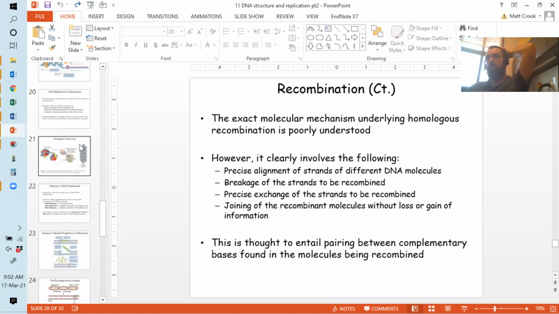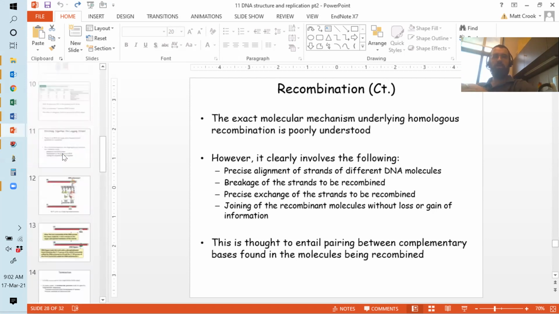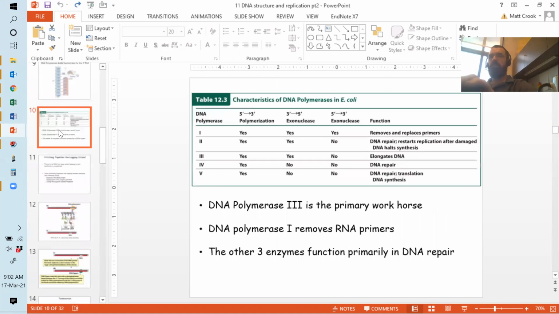It's an enzyme on its own, which synthesizes the RNA primer, and then you have DNA polymerase 3, which does all of the DNA synthesis, apart from removing the primers and replacing them with DNA, right?